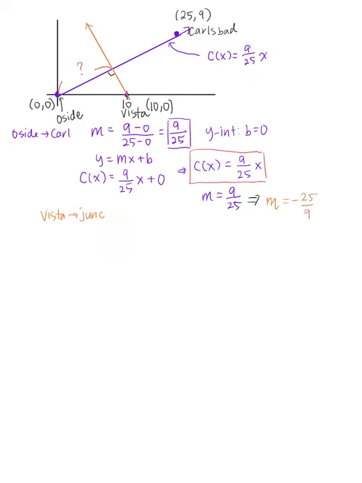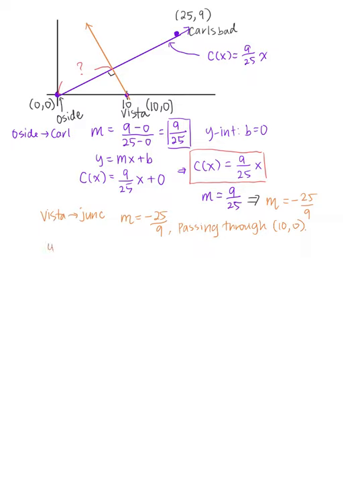So what do we have going on? Let me copy this down. Our slope of the orange line has to be negative 25 over 9, and it's passing through this point here. We don't know what that point is, but it's certainly passing through (10, 0). With that said, we can write the point-slope form of the equation of the line.